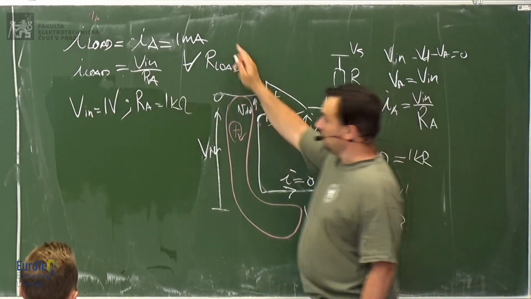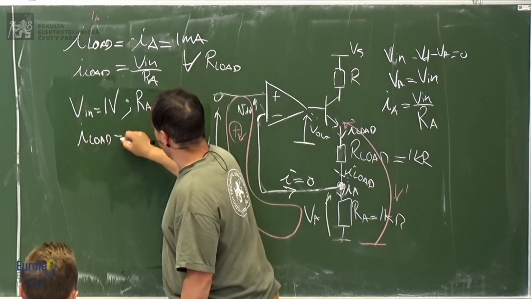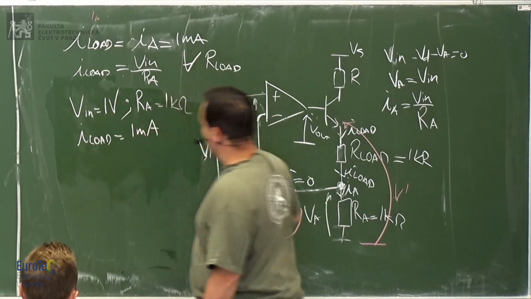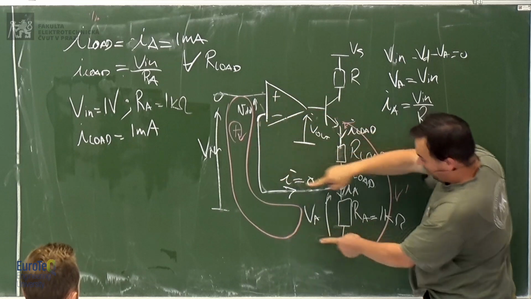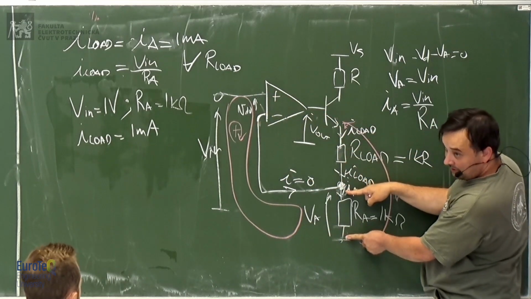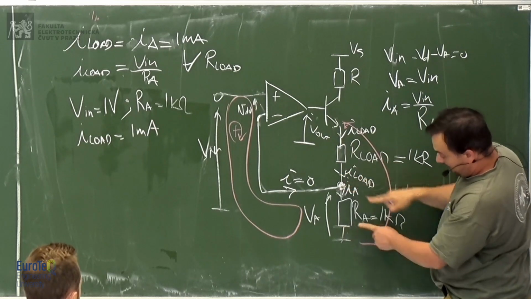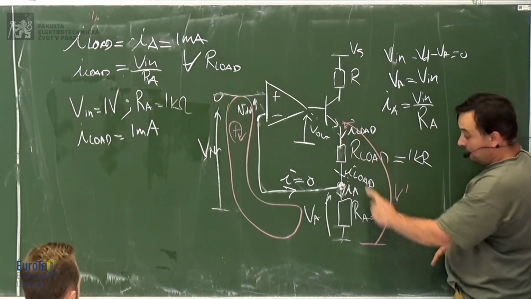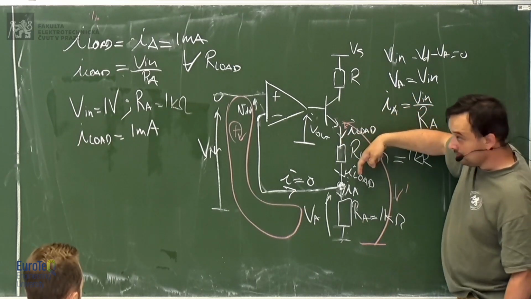Therefore, the current in the load will be 1 milliamp, because we have 1 volt here. The operational amplifier brings the same voltage on this resistor because there is no voltage here. So you have 1 volt divided by 1 kilo ohm, you get 1 milliamp. And the same milliampere flows through the load.